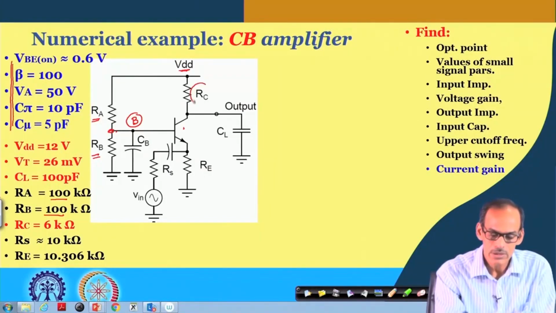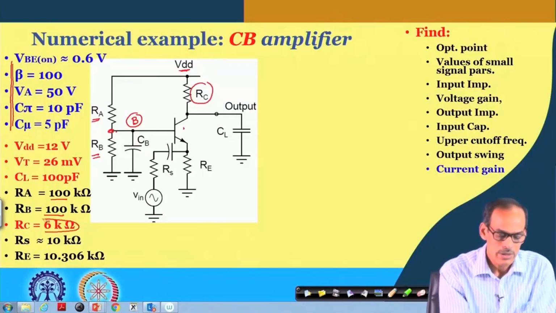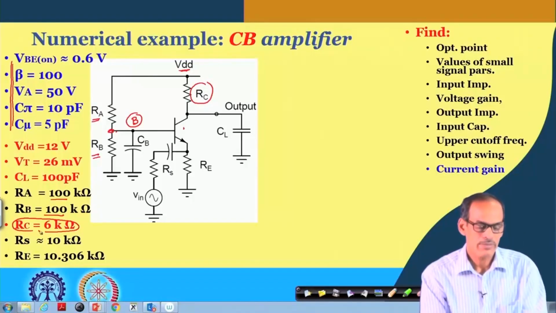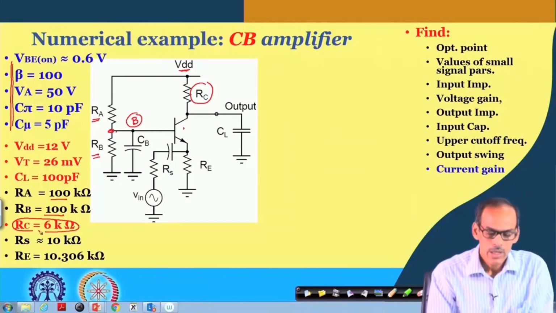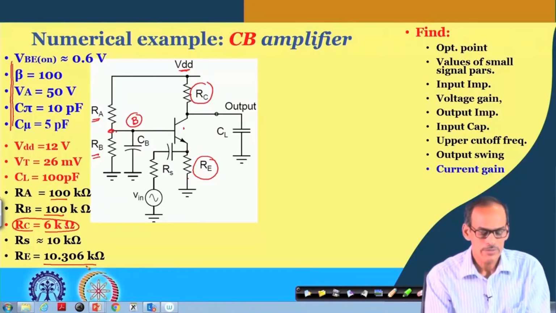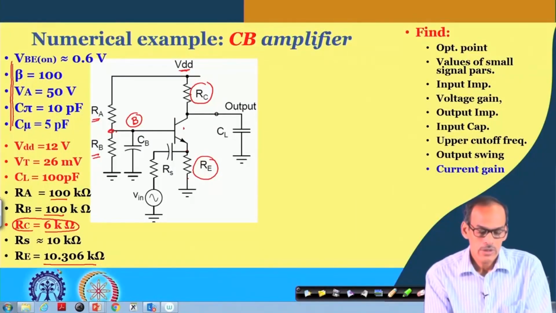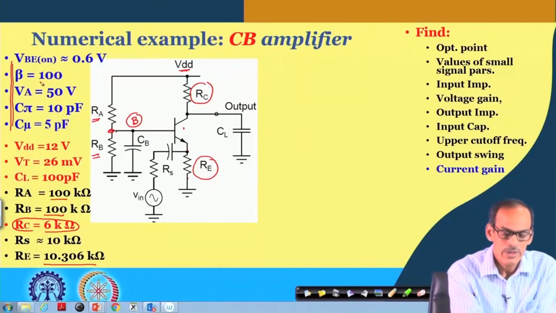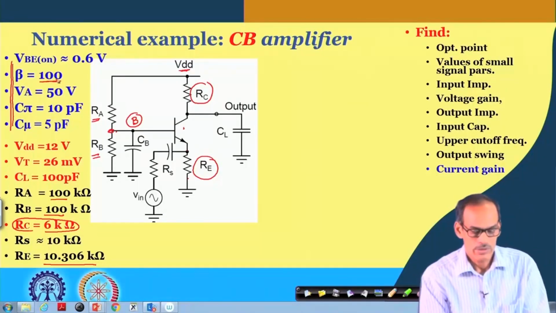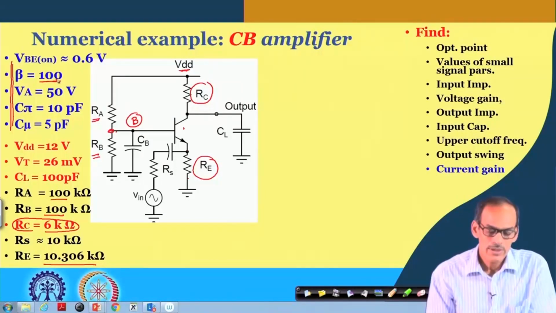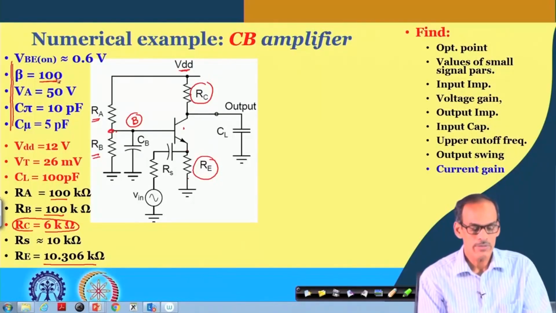The RC, intentionally we are making a slightly different value, or I should say we have made some change here. At the emitter, instead of having an ideal bias, we do have R E, and its value is given here close to 10 K. In fact, we are considering 10.3 kilo ohms, so that with a beta of 100, we can get the emitter current, or rather collector current, very close to 0.5 milliampere.